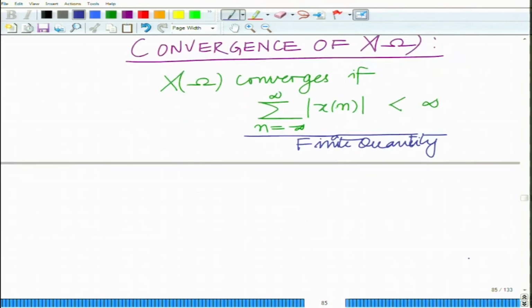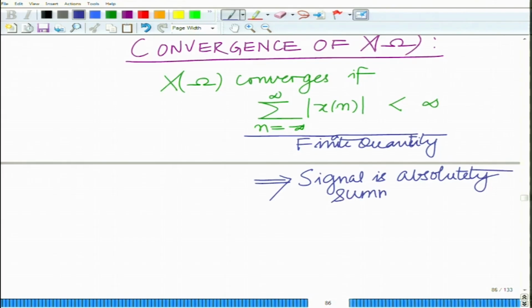This implies the sequence is absolutely summable, that is, if you take the magnitude of each element and sum from n equals minus infinity to infinity, that is a finite quantity, which means the signal is absolutely summable. So, the absolute sum of the signal exists, that is, the sum of the magnitudes of all terms from minus infinity to infinity, then the DTFT is guaranteed to exist.